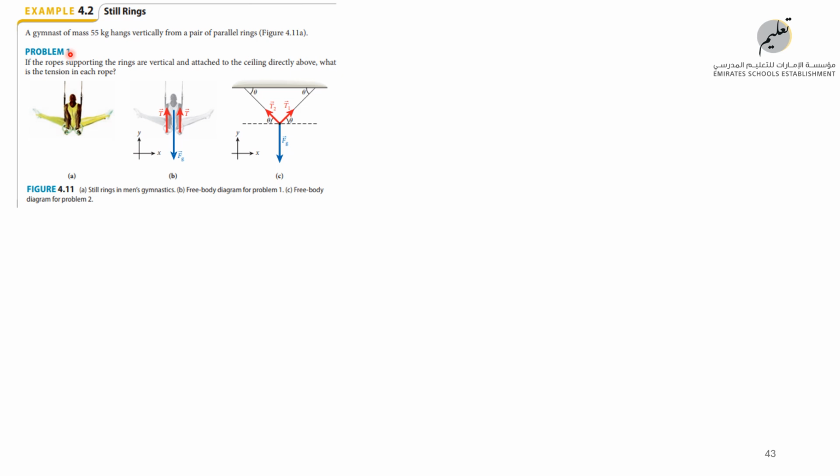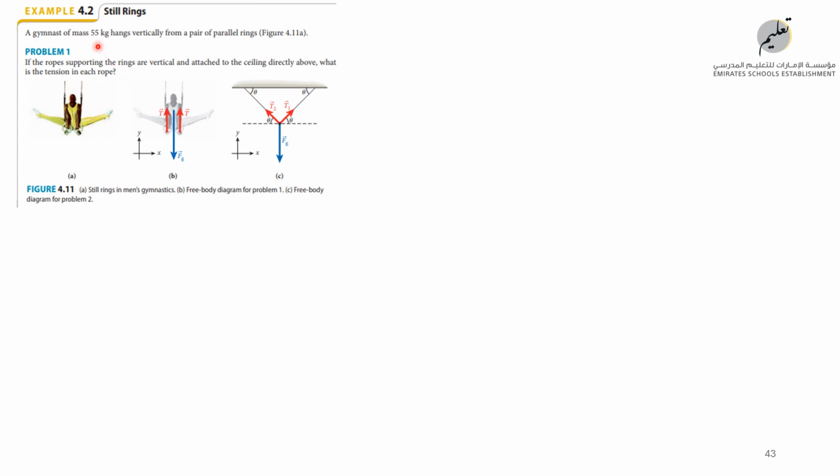We have a gymnast of mass 55 kilograms who hangs. Hanging means there is no normal force. If the ropes supporting the rings are vertical, as you see here in the picture, and attached to the ceiling directly above, what is the tension in each of the ropes?